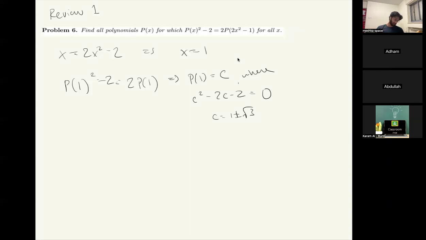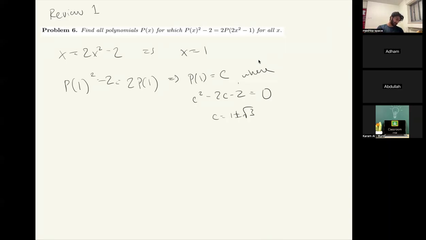Okay, so what can we do from here? So there's a trick here. Yes, okay. There's another comment. Yeah, so you want to introduce a new polynomial.